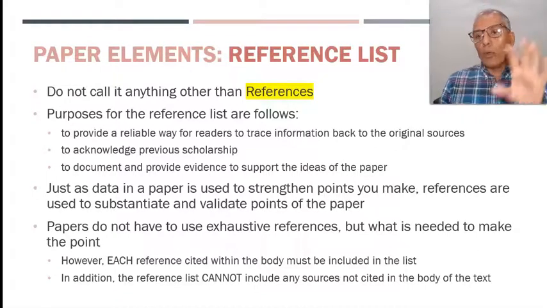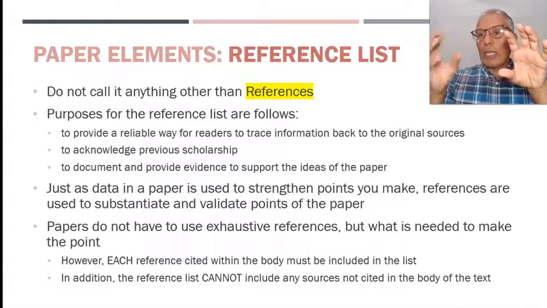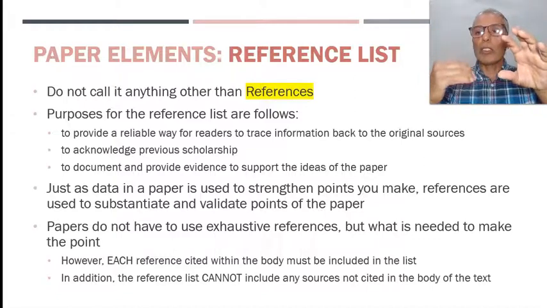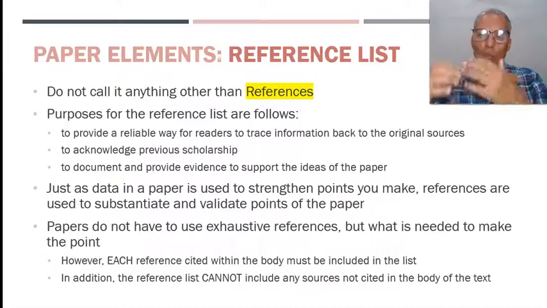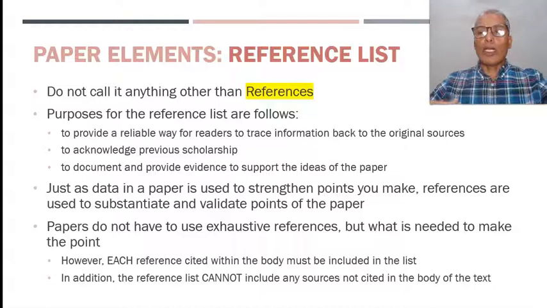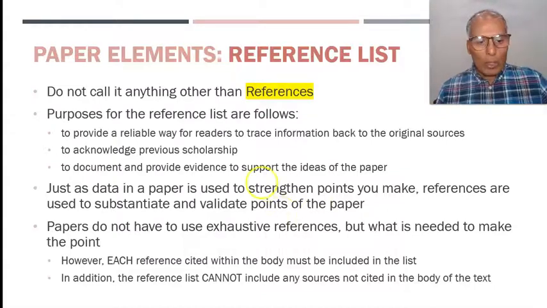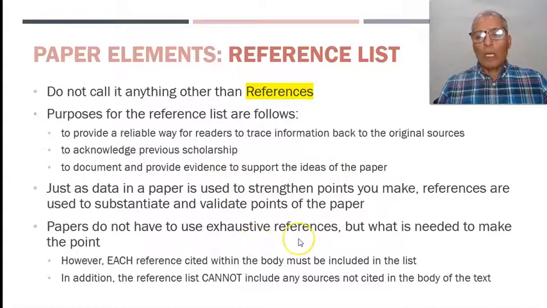You take something from a well-established researcher and give that as evidence. Then you come to the next idea, and you go on citing as evidence. So the papers do not have to use exhaustive references.